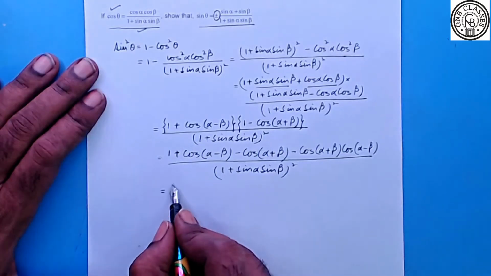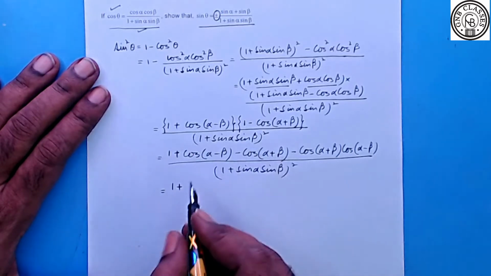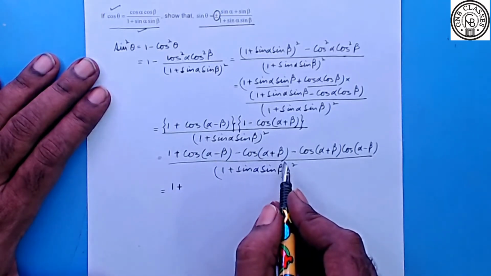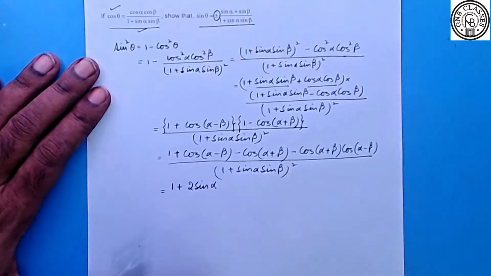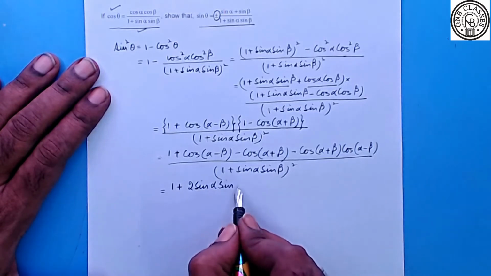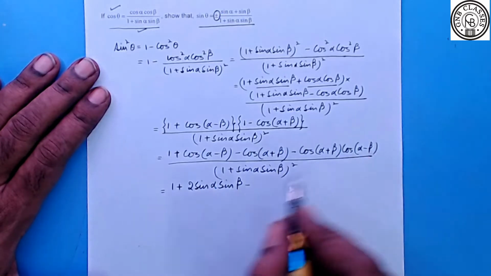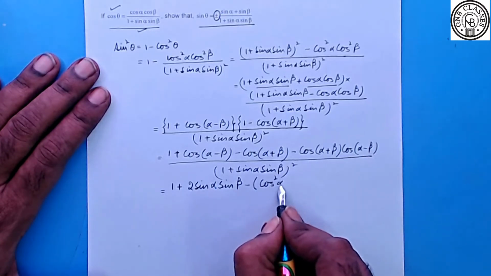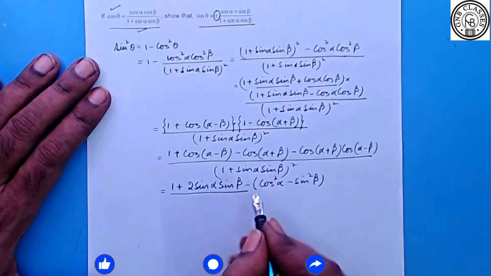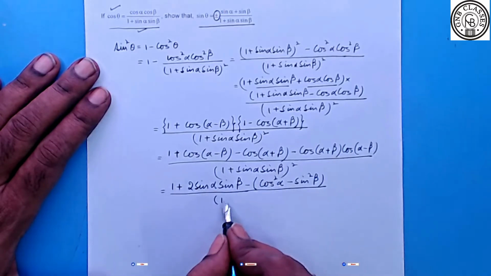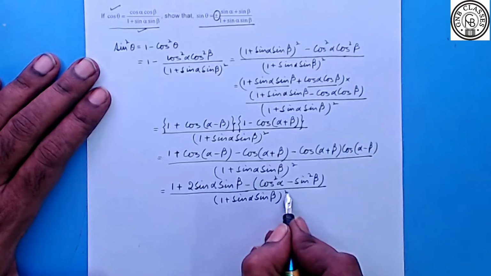So now, cos(alpha minus beta) minus cos(alpha plus beta), if we use the cos C minus cos D formula, we are going to have 2 sin alpha sin beta, minus cos(alpha plus beta) into cos(alpha minus beta), which will give you cos square alpha minus sin square beta, divided by (1 plus sin alpha sin beta) whole square.